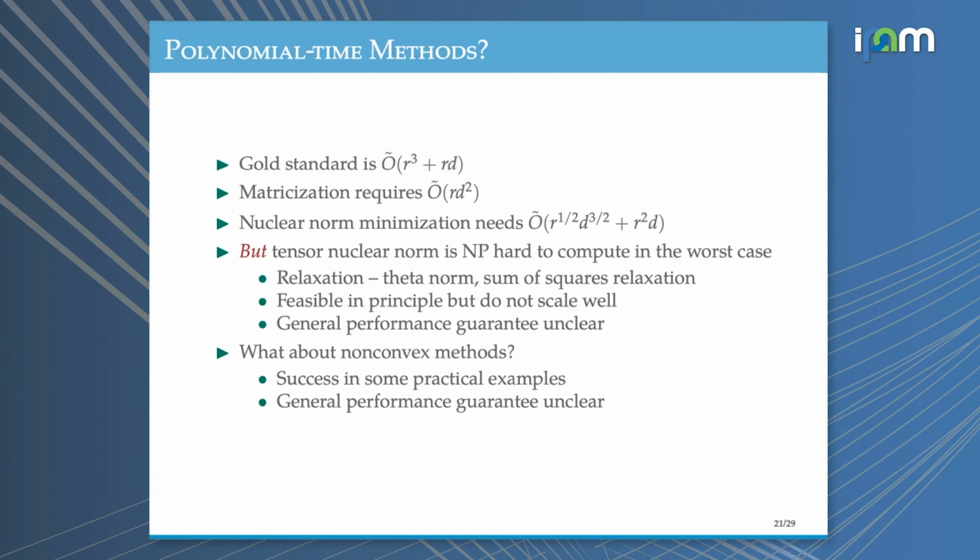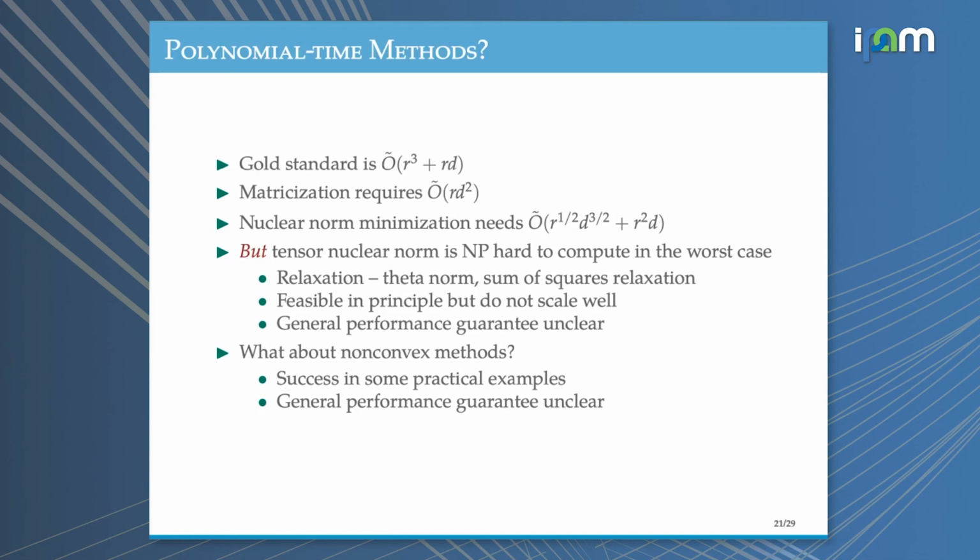So naturally, this leads to many new areas of research. One area in particular is to think about further relaxing the nuclear norm minimization by using, for example, the theta norm or the sum of squares relaxation, and so on and so forth. There are some recent progresses in these areas. It's a very exciting research area.